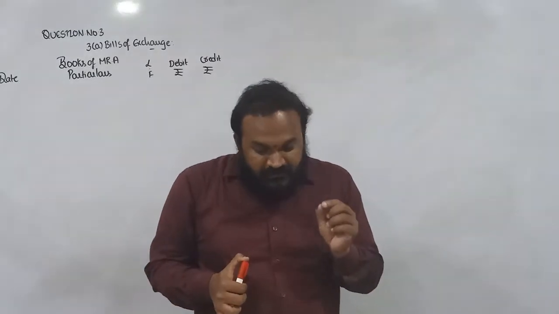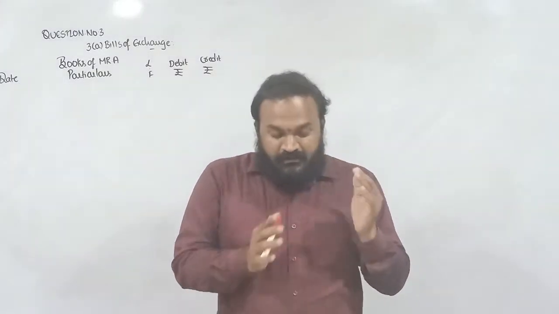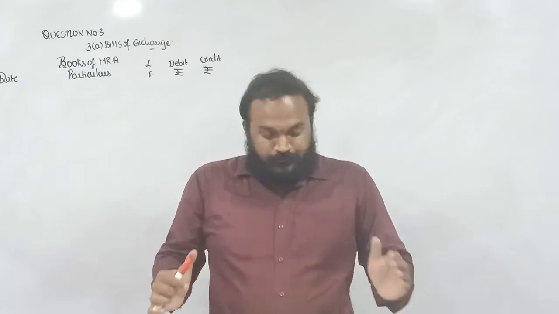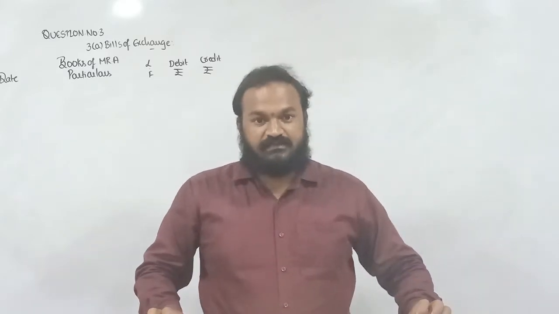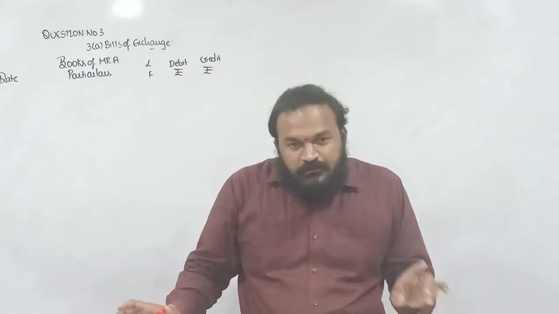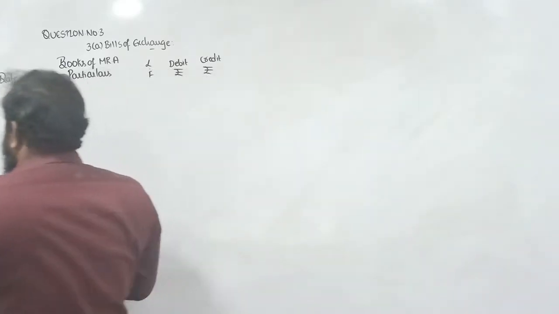So on 12th May 2020, A sold goods worth rupees 36,470 to B on credit. What is the journal entry? 12th May 2020.